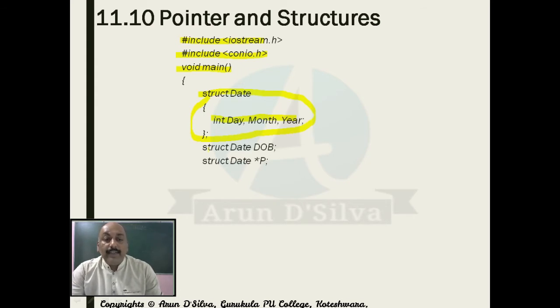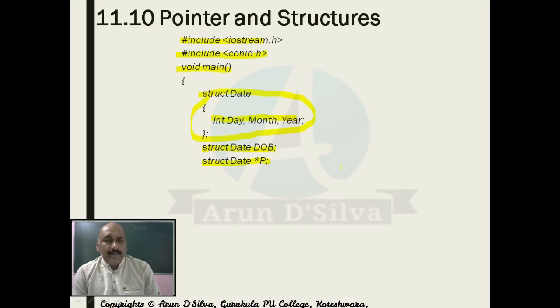Now I have created a variable of struct date, that is DOB, and at the same time I have created a struct date pointer variable star p. I can create variables of a structure in a similar way to how I create variables of integer type, character type, float type.